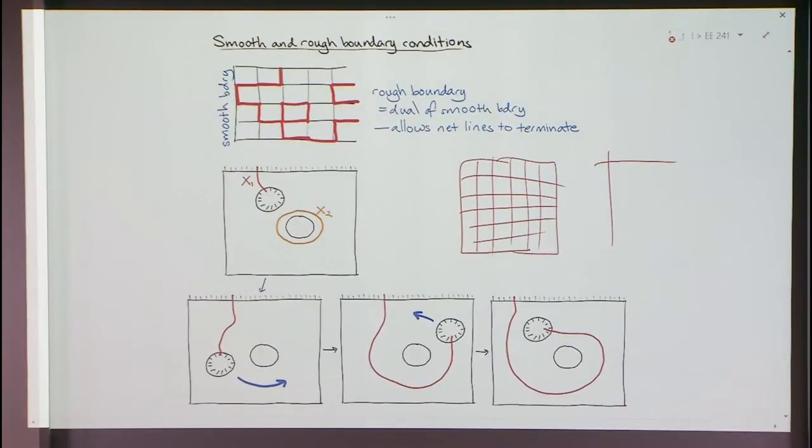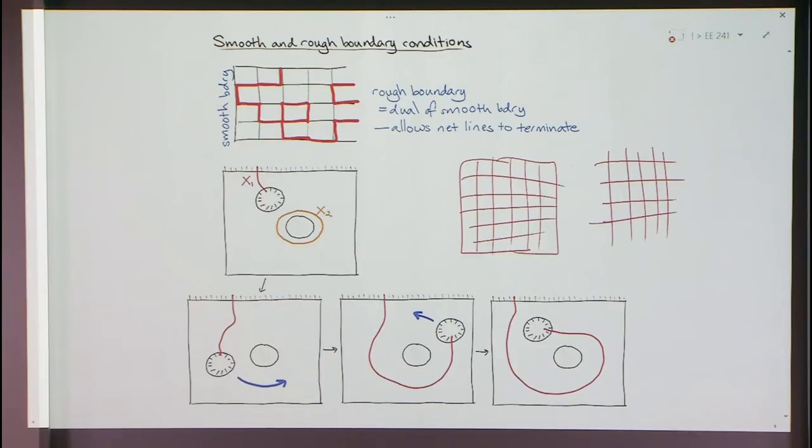These are all smooth boundaries, but a rough boundary is something like this. So we have these edges of the lattice that just hang off into nothingness. That's what I call a rough boundary. And actually, they're duals of each other. So if you switch x's and z's and shift the lattice by a half, you switch rough and smooth boundaries. So they're not really that surprising.